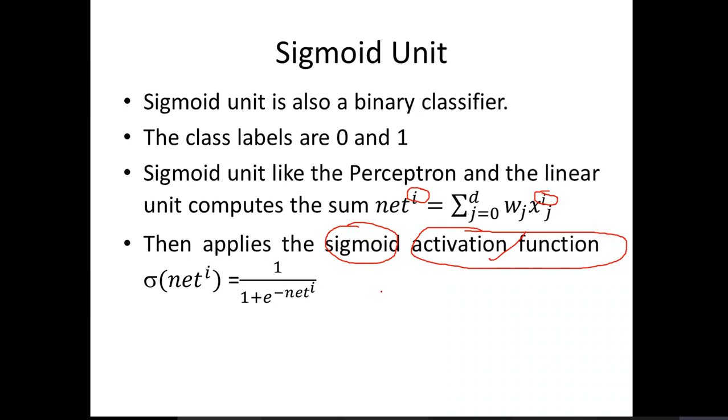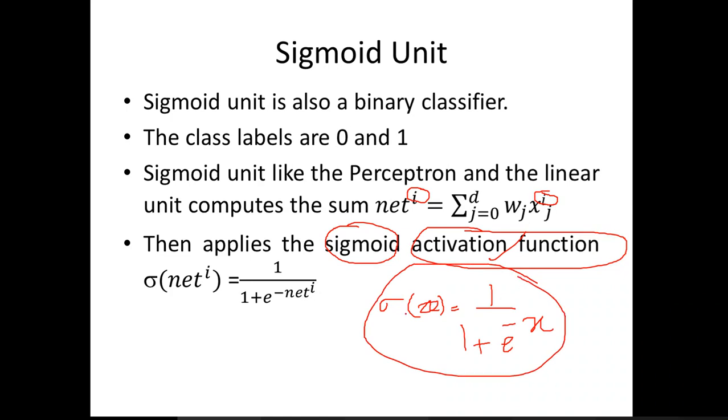The sigmoid functions are a family of functions, and the sigmoid function we use here is designated as sigma(x) = 1 / (1 + e^(-x)). Now we have calculated the network sum, so we apply the sigmoid function. Sigma of net: in place of x, we substitute net, so you calculate 1 / (1 + e^(-net)), where net is the network sum of a particular sample.